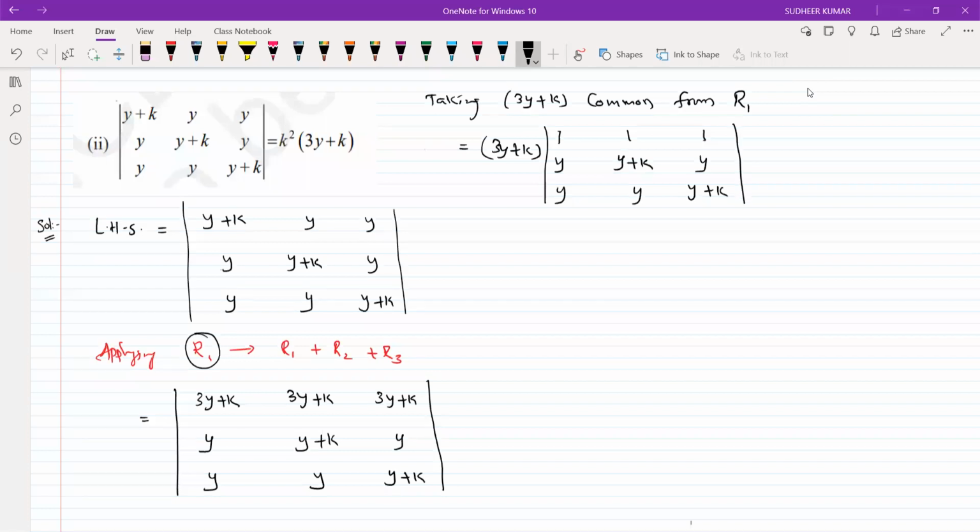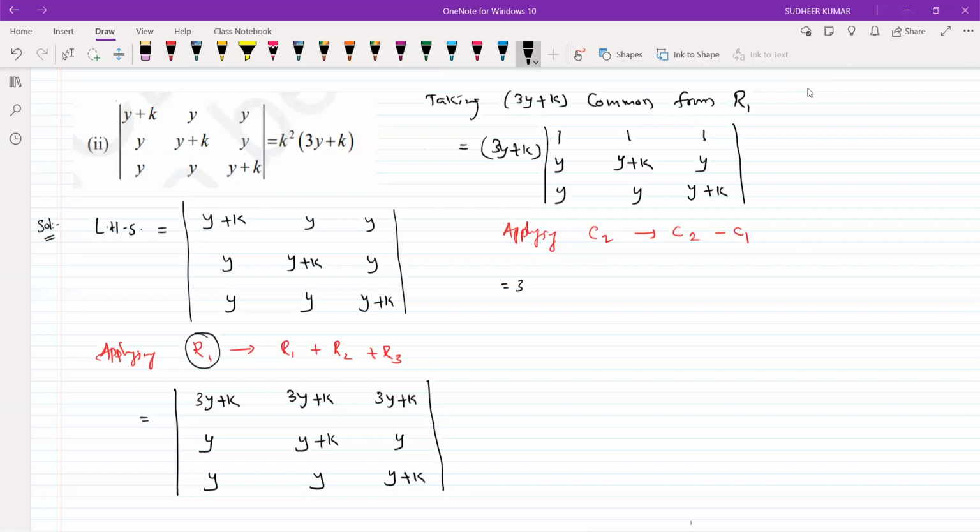So now what do we have to do? Try to make the utmost number of zeros. So here we are going to apply C2 changed as C2 minus C1.